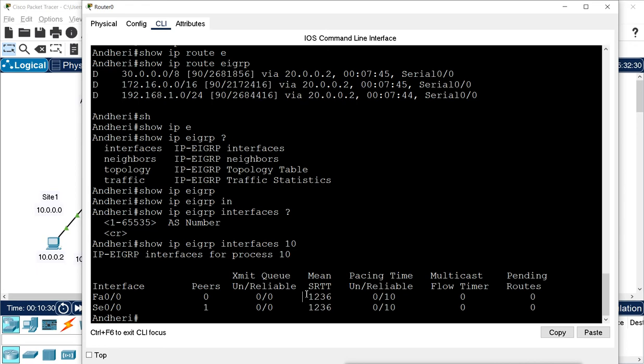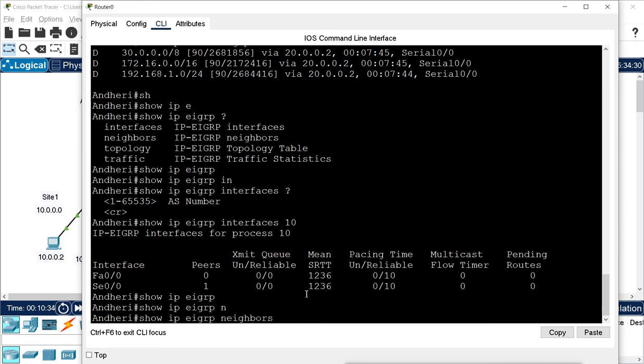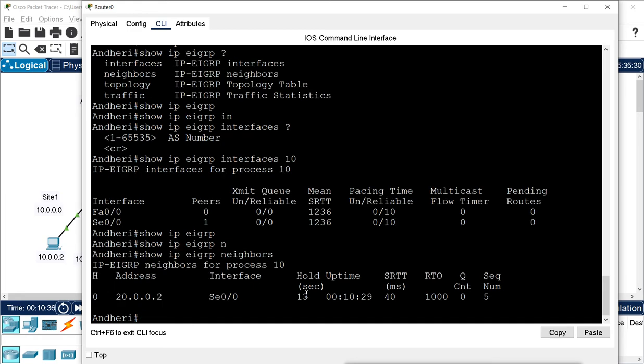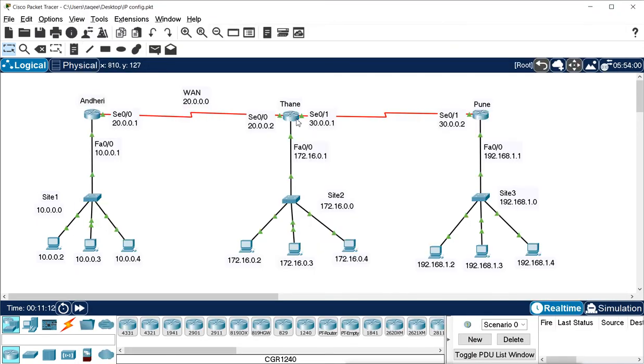Then we can see the information about the neighbors. We give the command neighbors. It shows the information about the neighbor. Now for this router, we have only one neighbor connected, and that is this Thane router. It is only connected with this, so there is only one neighbor this router has.